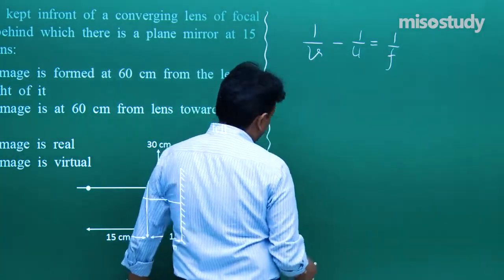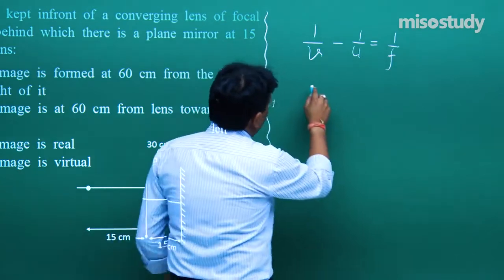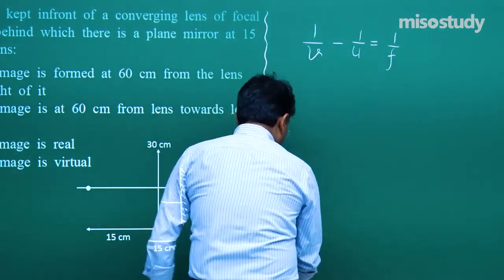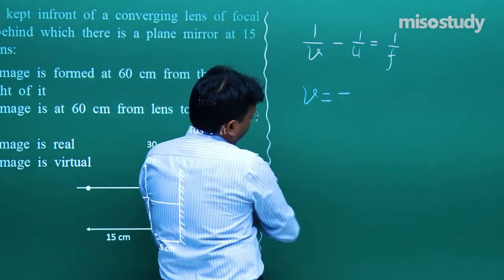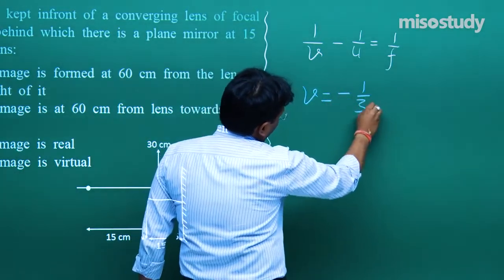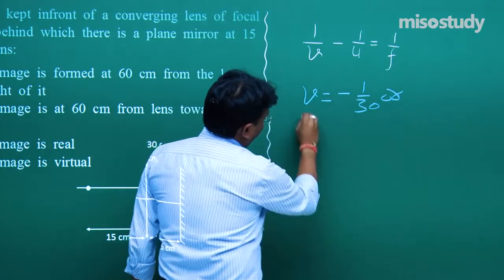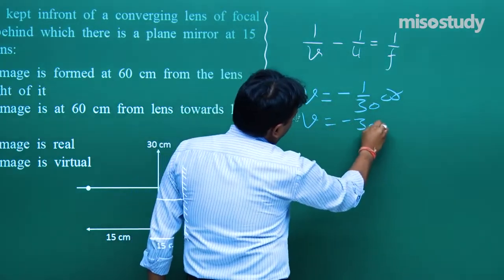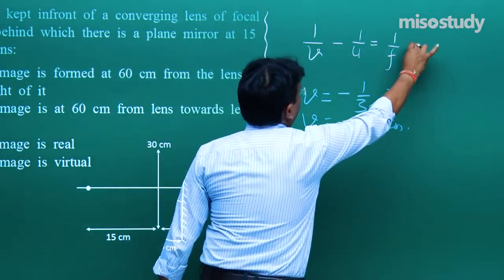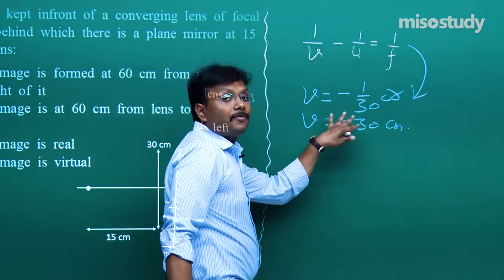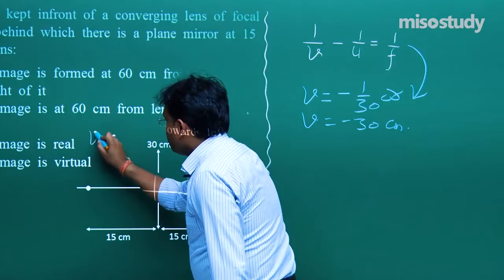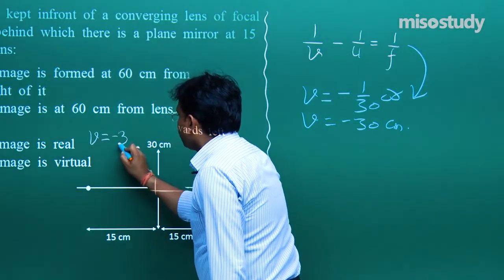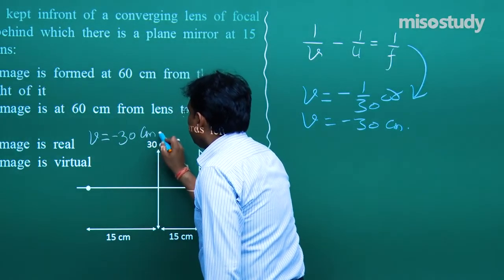I think I should use a different color chalk, that is V is equal to minus 1 by 30 or V is equal to minus 30 centimeter. Using this result we are getting this final value. So let me mention V is equal to minus 30 centimeter. Fine.